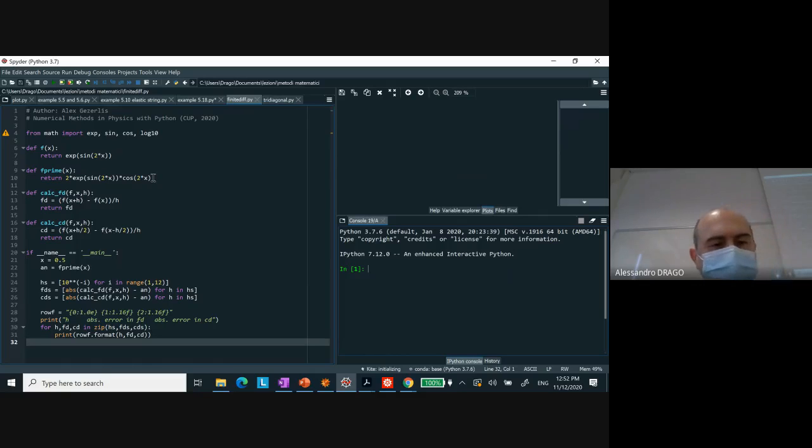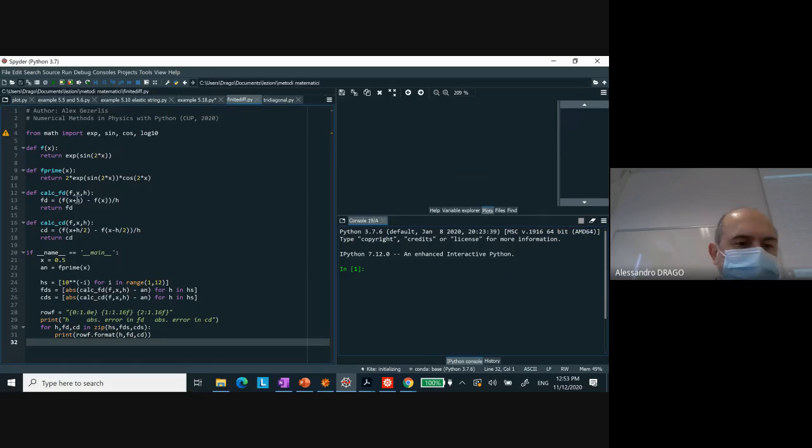Now let's introduce an approximation, where I try to evaluate the derivative by incrementing by a quantity h: f of x plus h minus f of x, divided by h. This can be done, but it's not the best way of computing the derivative.